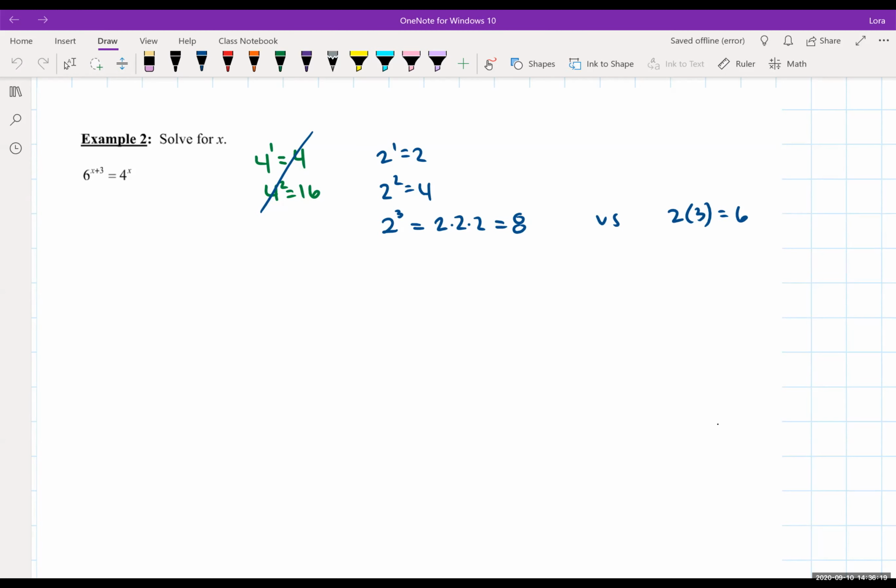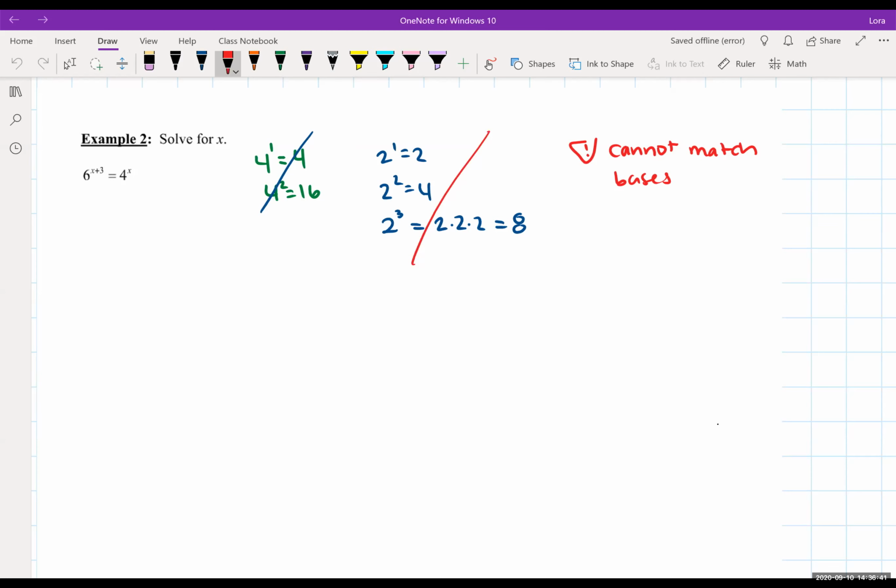I'll erase that so it's out of our mind. So this is not working either. Right away, I notice that I cannot match the bases, not because I don't want to, but because it's impossible with the powers we're given.